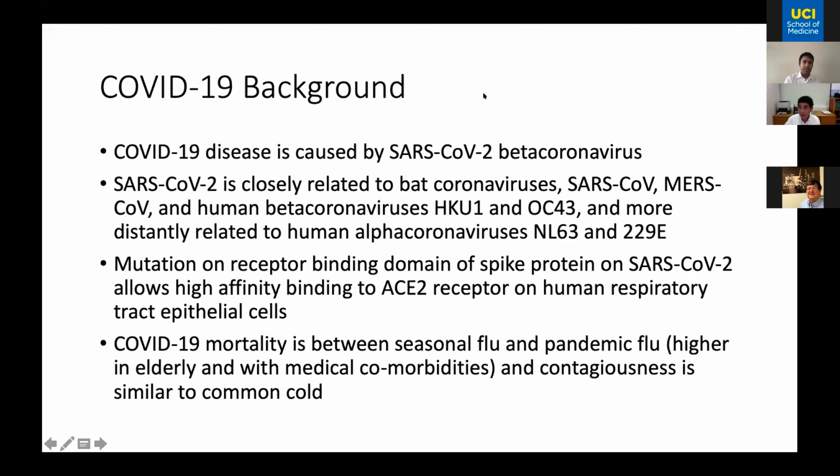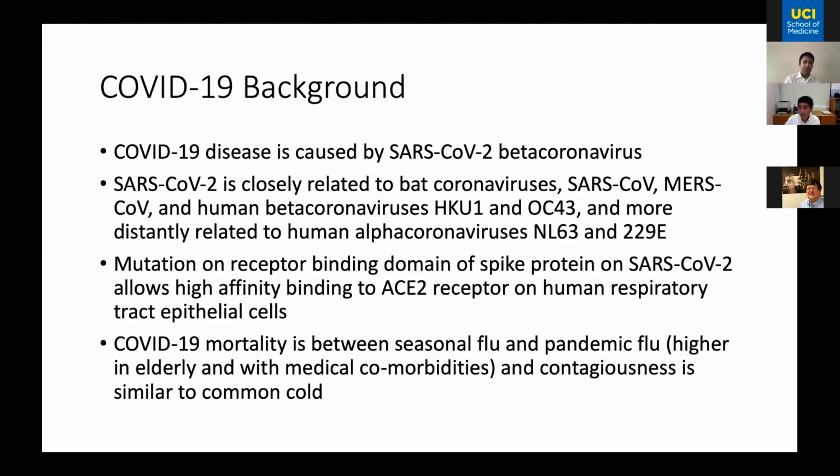This is closely related to bat coronaviruses, as well as SARS, the original SARS, MERS, other coronaviruses that cause the common cold, like HKU1 and OC43, and a little more distantly related to a couple others that cause the common cold, NL63 and 229E.